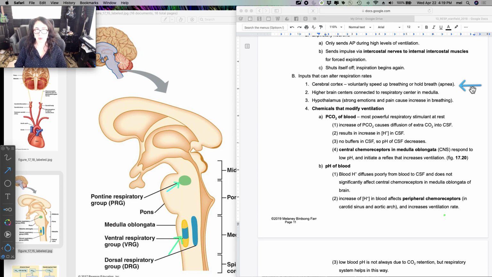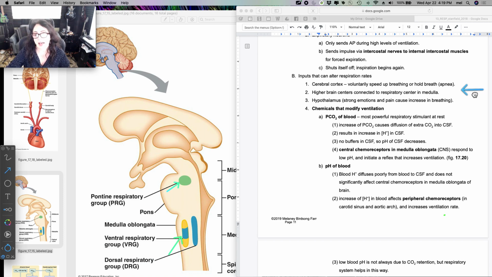I can speed up my breathing because the cerebral cortex has some degree of control over that skeletal muscle. But I can only do that until I piss off my brain, and then it won't let me do that anymore. So the higher brain centers can kind of override what the medulla oblongata and the pons are doing.